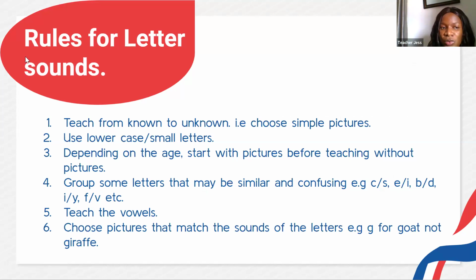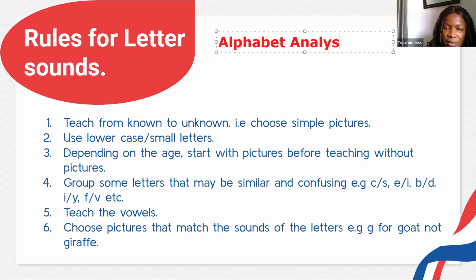Now, in the next post, we'll probably talk about alphabet analysis. Alphabet analysis is where we give a breakdown of the 26 letters, the vowels, consonants, voiced, voiceless, and the likes.